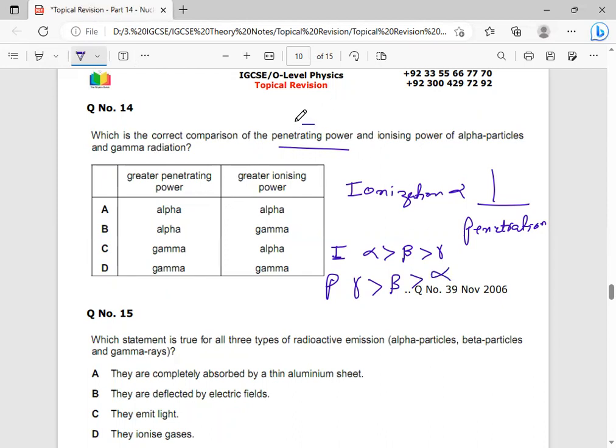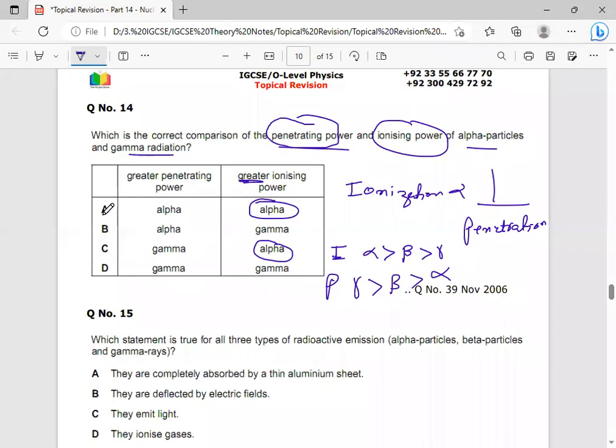Now this question is related with penetrating power and ionizing power. Alpha and gamma. So let's check the ionization. Ionization of alpha is greater, because it is required in the column, greater ionizing power.